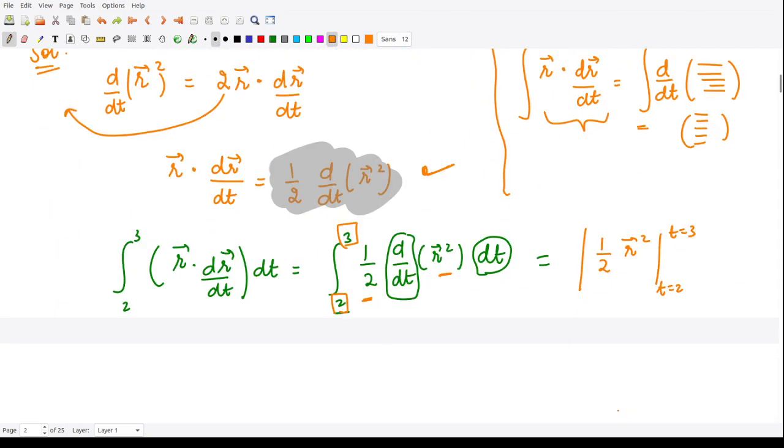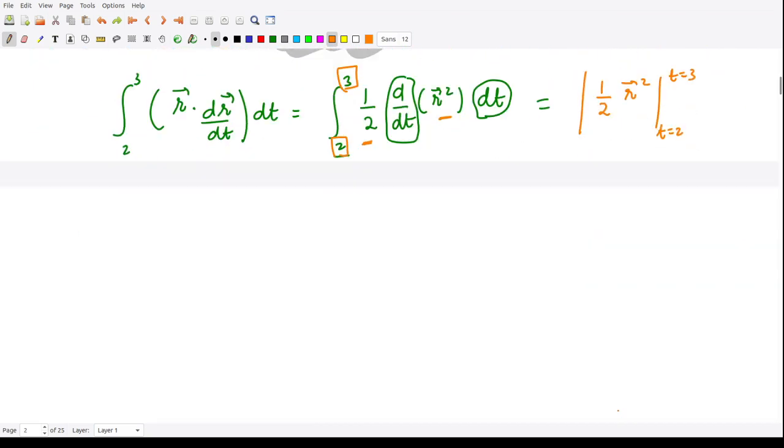Accordingly we compute this. What would it be? 1 by 2 is taken outside. The value of r square computed at t equal to 3 minus the value of vector r square computed at the point t equal to 2.